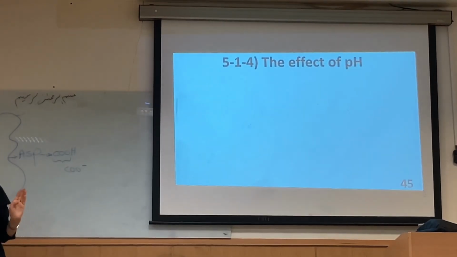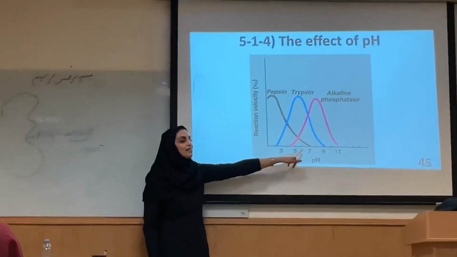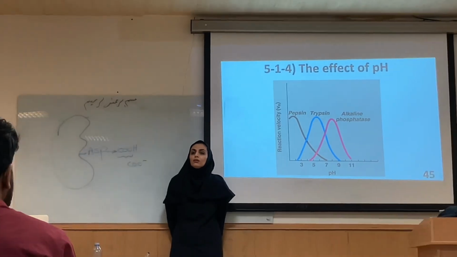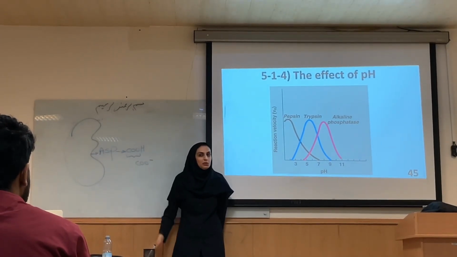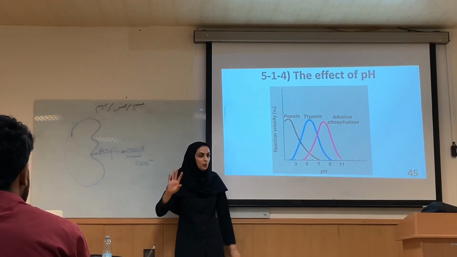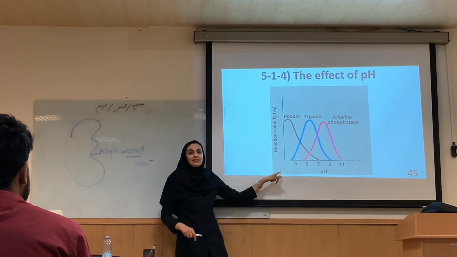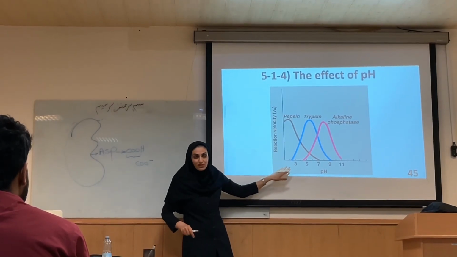You can see here that pepsin is an enzyme in the stomach. And the pH of the stomach is near 2, between 1 and 2. That's why pepsin works in that situation, but other enzymes will be inactivated in those areas.